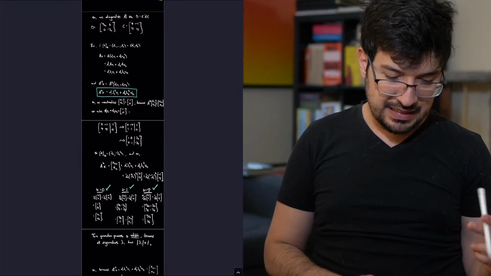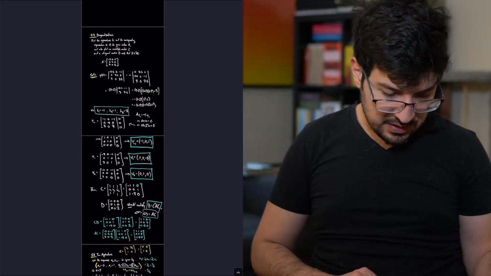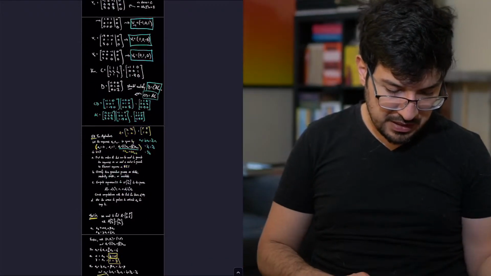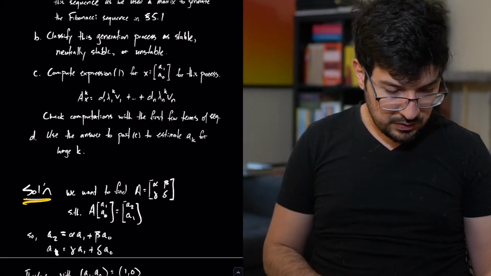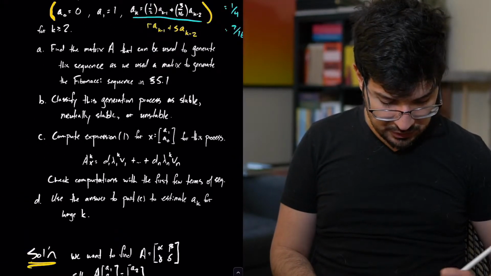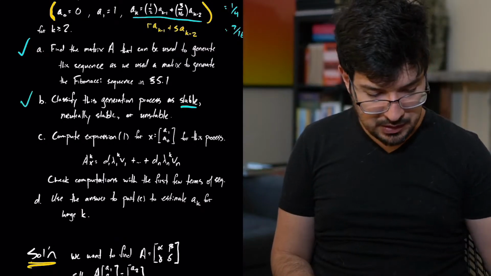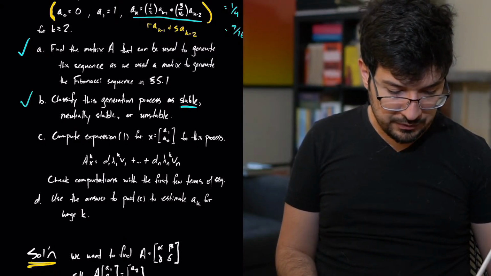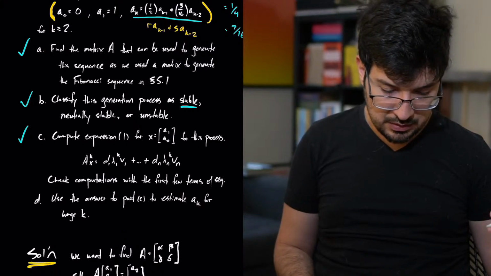I don't know if it asks us to find the exact formula for Ak. We found the matrix. We've classified it as stable. We've computed this expression, I think.